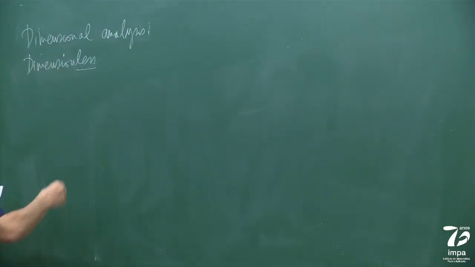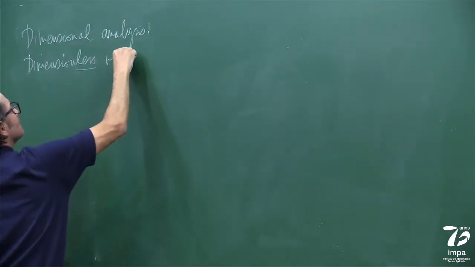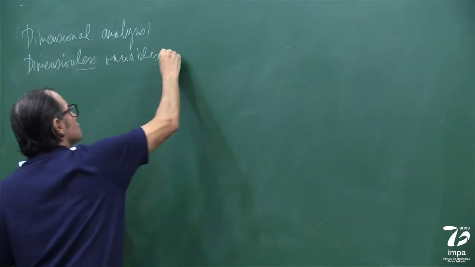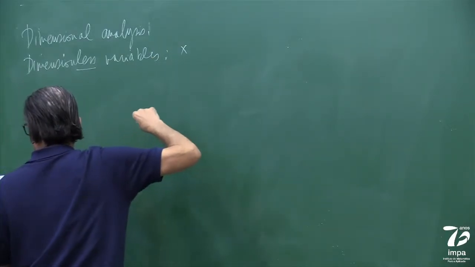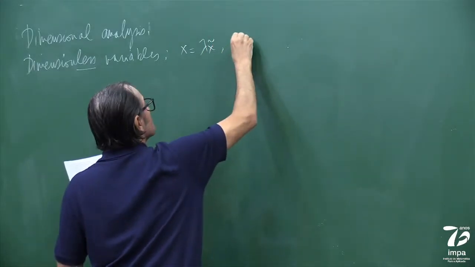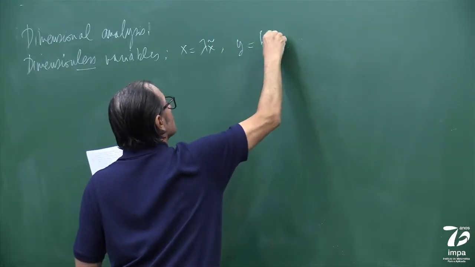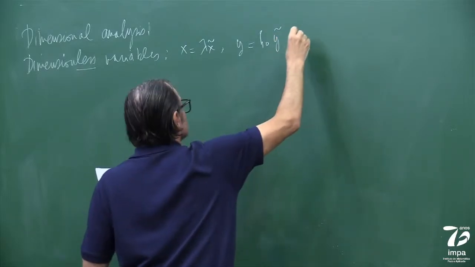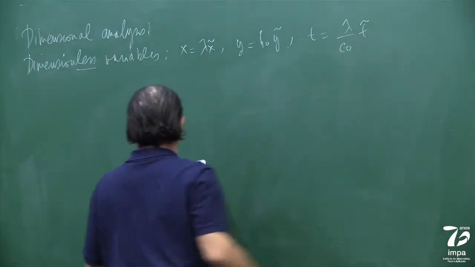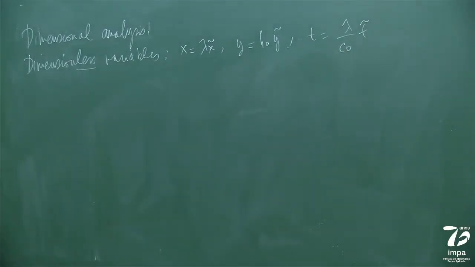Without dimensions, dimensionless variables. Which ones am I going to choose? I'm going to start like this. X is equal, so let me write it and then I'll explain it. Okay, let me basically just quickly copy. Okay, I have some more, but let me stop here first.